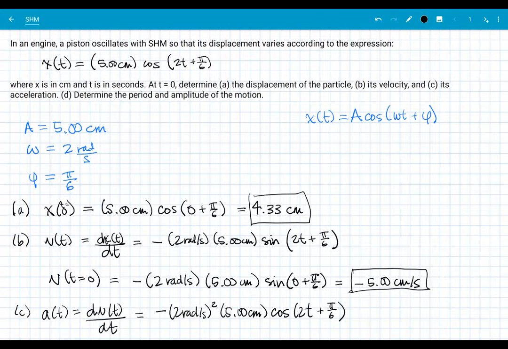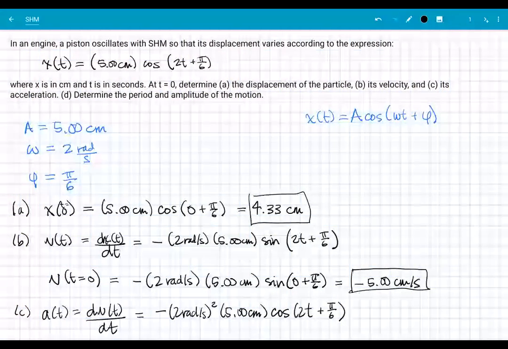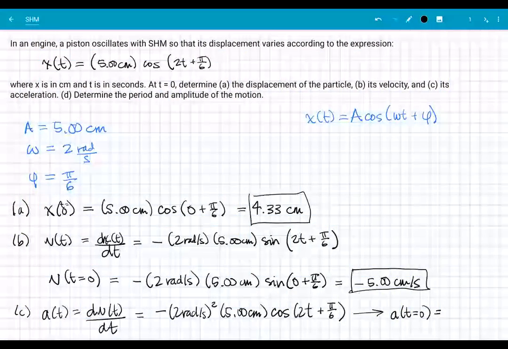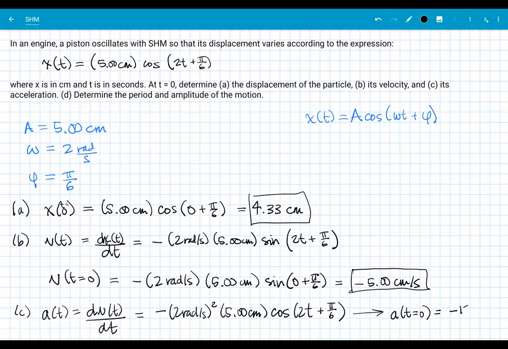So that's my general equation. If I sub in t equals 0, which they're asking me to do, acceleration at t equals 0 will be equal to negative 17.3 centimeters per second squared.